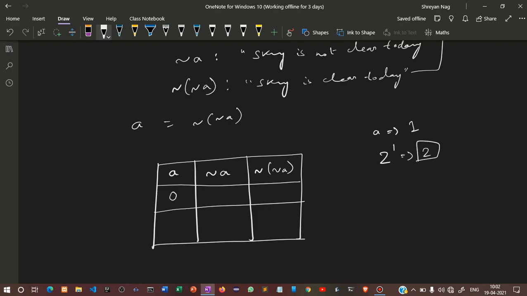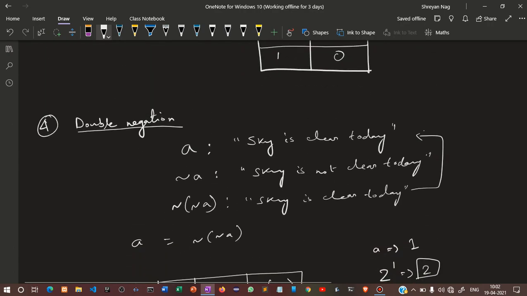So 0 1, this will become 1 0. Again this will transform into 0 1. Keep in mind that the double negation symbol can be represented in two ways, that is tick or tilde symbol.